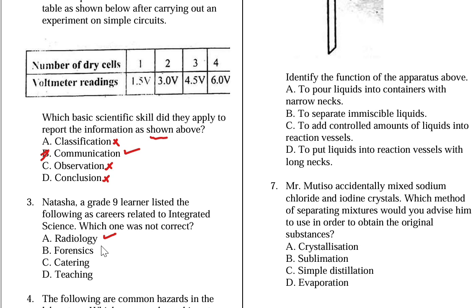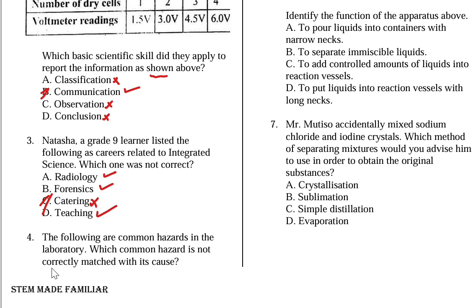What about forensics? Also, this one is science related. This one is about crime investigation, and therefore it is related to science. What about teaching? Yes, you can become a teacher, so it is related to science. What about catering? Catering is about food services, and therefore this one is not correct. The answer is C.